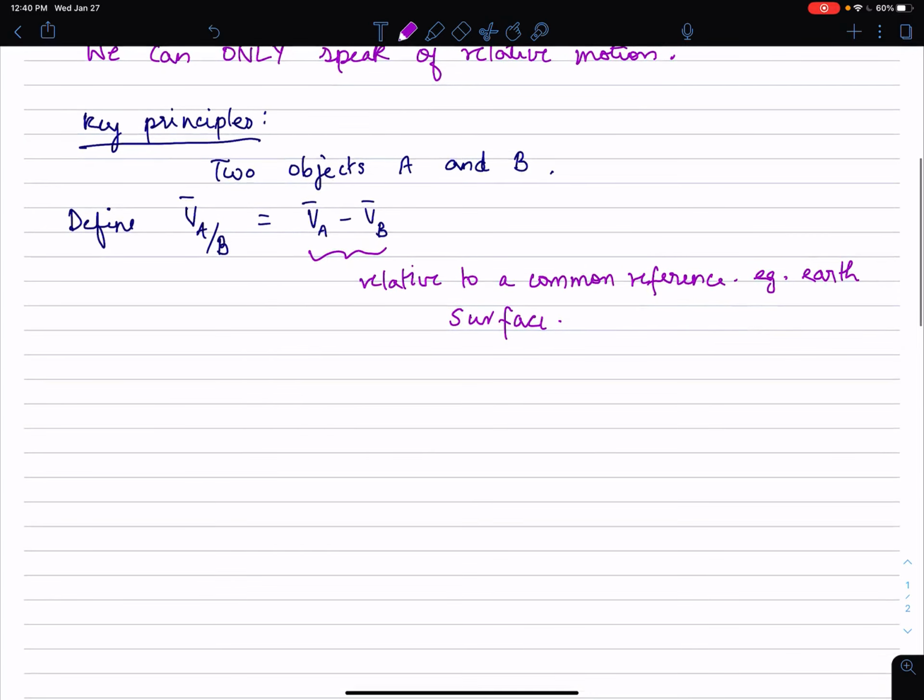So V A with respect to B is basically the velocity of A relative to B.